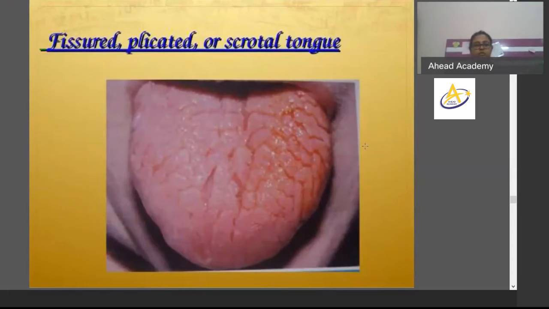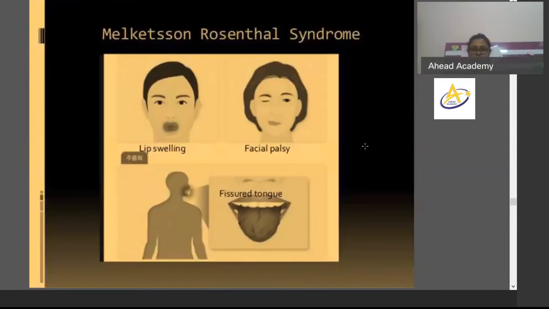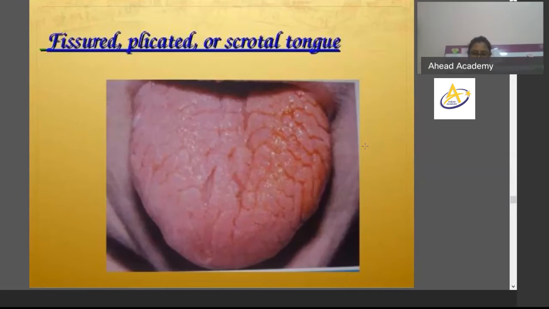Coming to the pathologies, fissured, plicated or scrotal tongue. Now, okay, so what is a fissured tongue? Anybody?